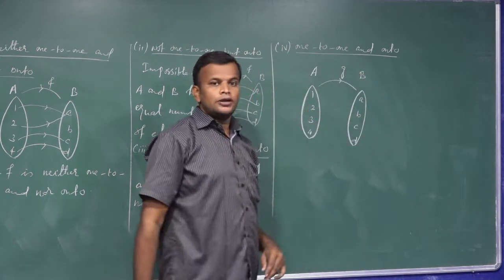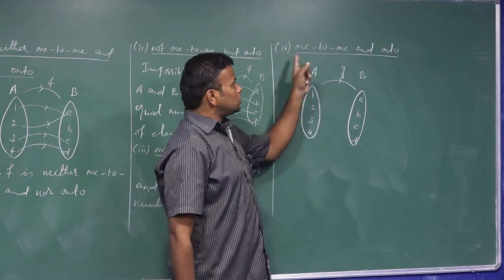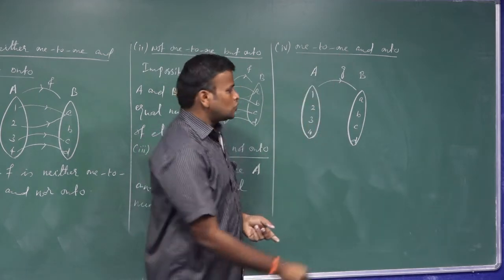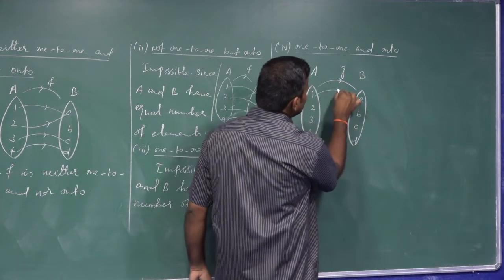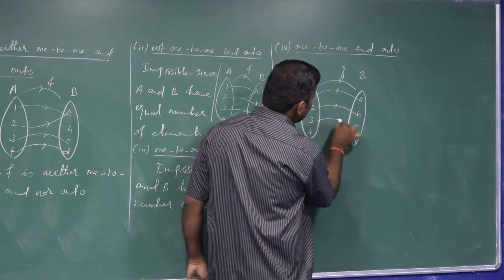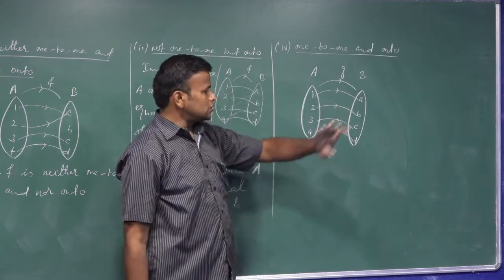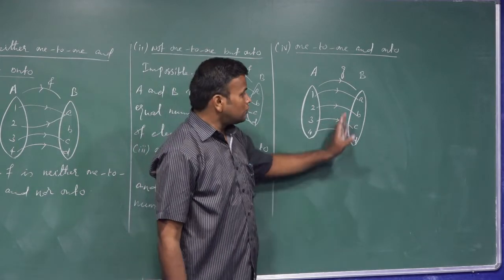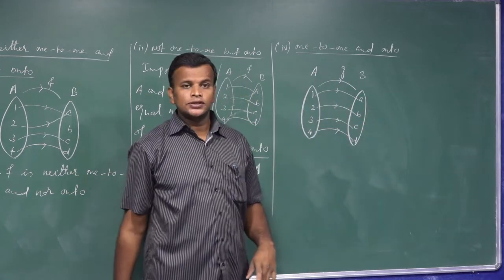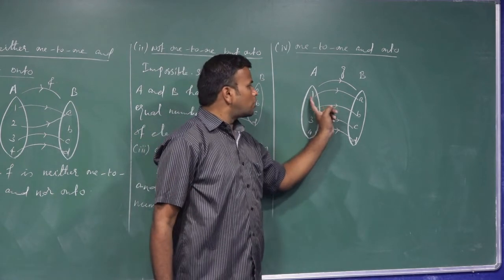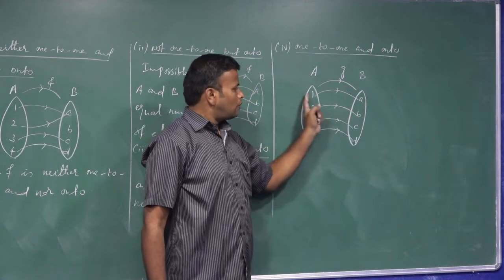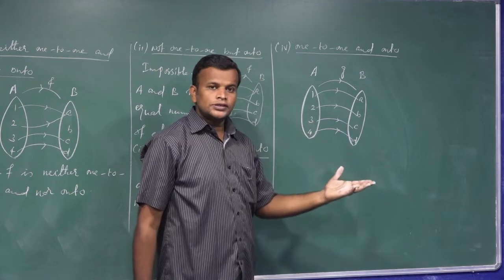It is your choice. If we take both, it is 1 to 1 and onto. Each and every element is mapped with 1. And also we see it is onto, because each and every element in the codomain has a pre-image. 1 goes to A, or 1 goes to B, 1 goes to C, 1 goes to D. It is your choice.